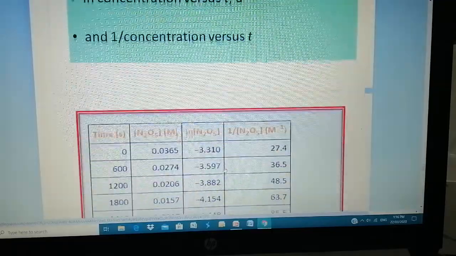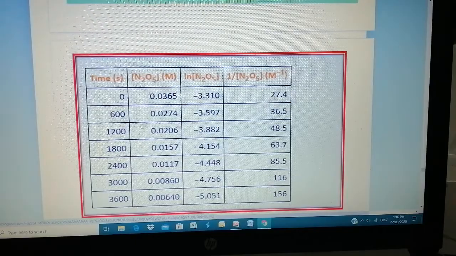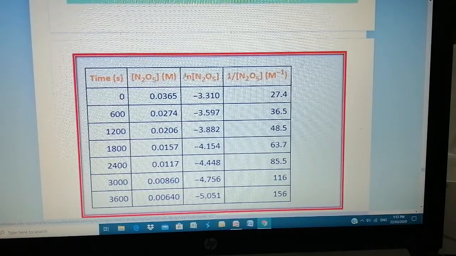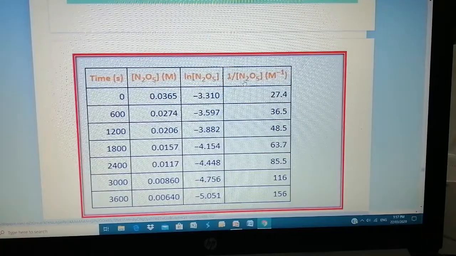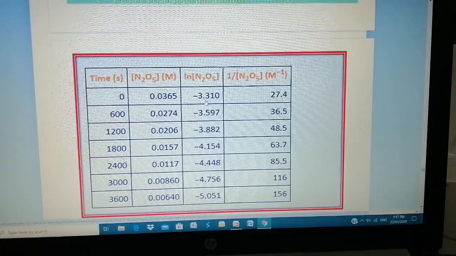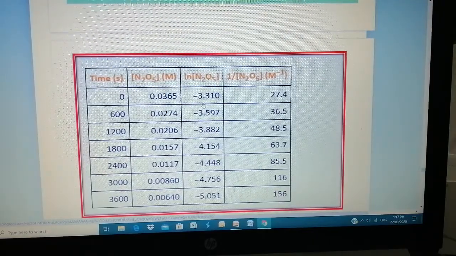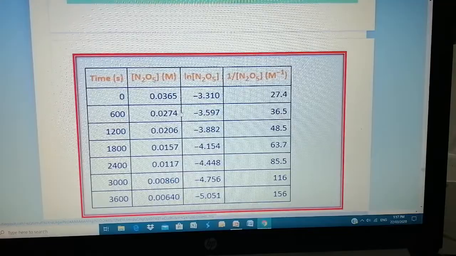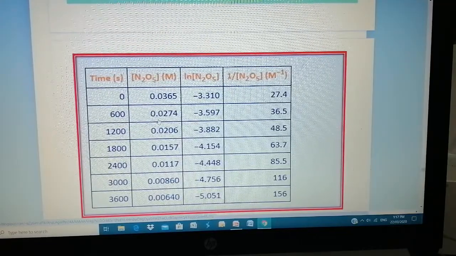See here, all the values are given: time, concentration, log of concentration, 1 by concentration. Our aim is to plot 3 graphs, or maybe they will give you the plotted graphs in your syllabus. Mostly they will provide the plotted graphs. You just have to see the shapes.